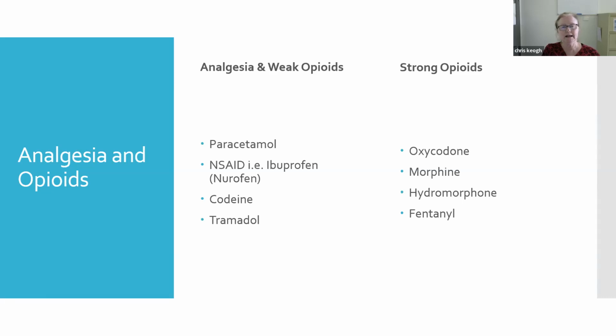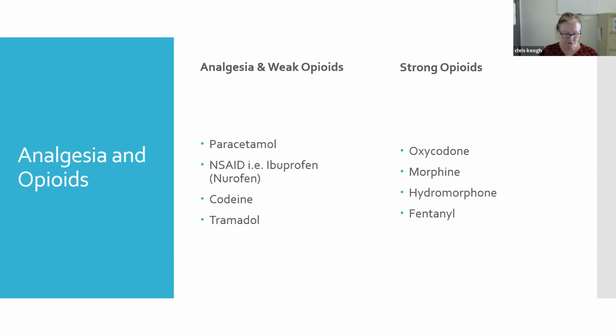So mild pain here is usually managed with one of the weaker analgesics, so paracetamol or non-steroidals. And in palliative care, the use of a weak opioid such as codeine, we generally limit. We don't use a lot of codeine in palliative care, one of the reasons being that it can cause severe constipation as a side effect.